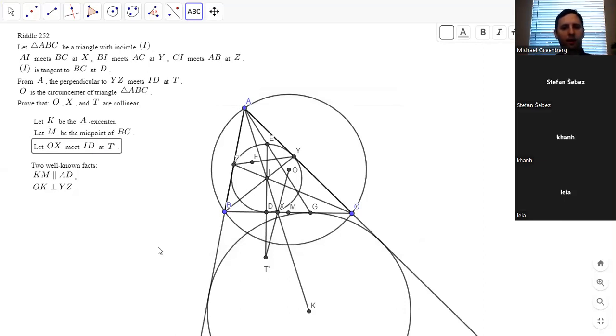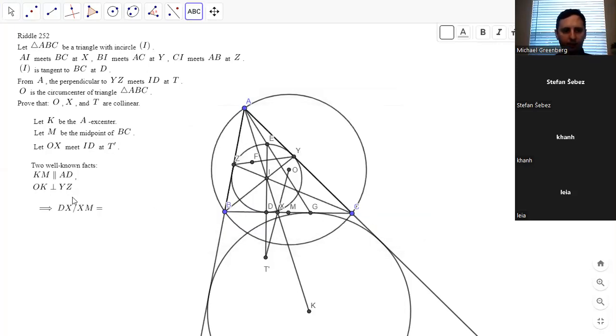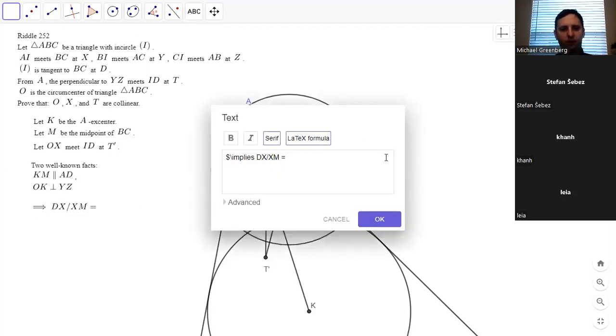So then DX over XM is going to be OX over XT prime, and it's also AD over KM. So we have DX over XM equals AX over XK.